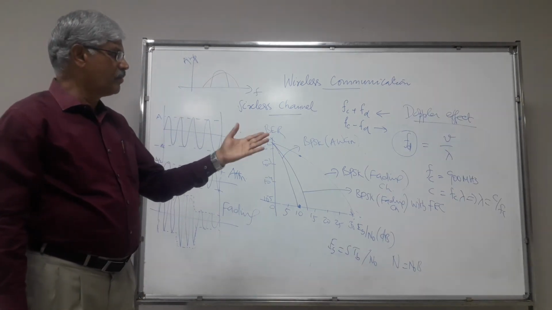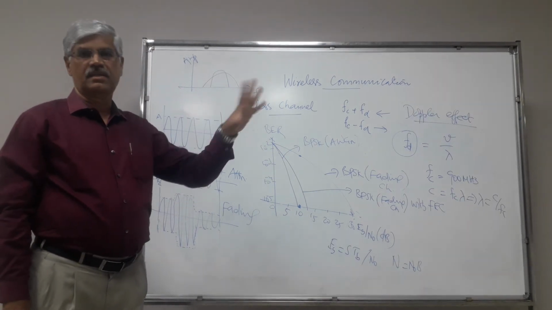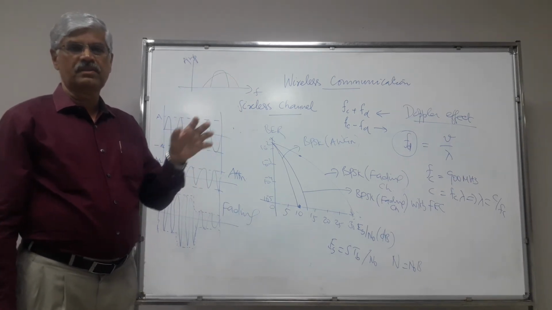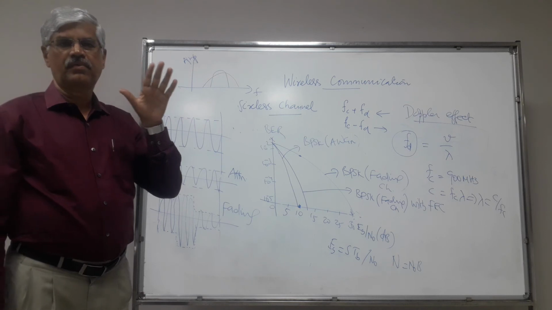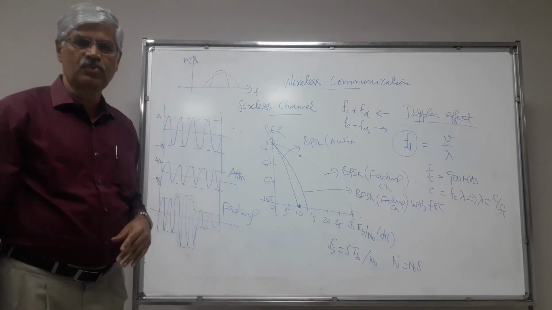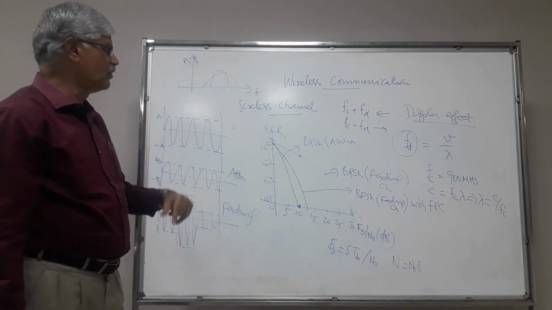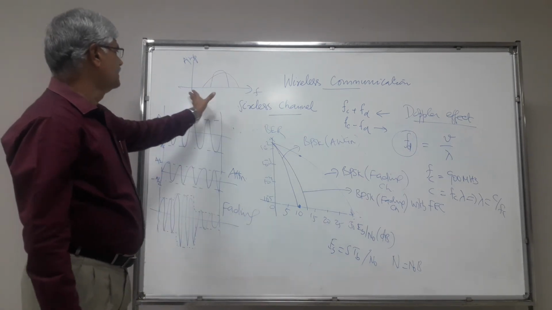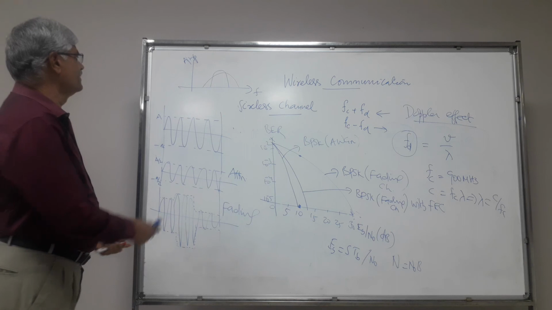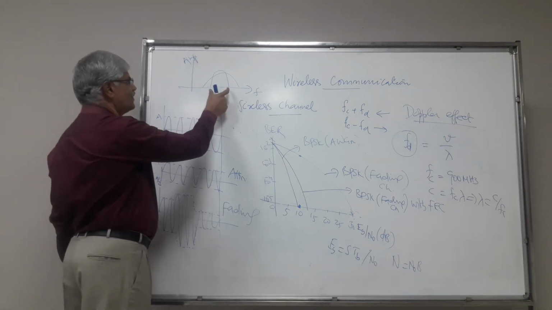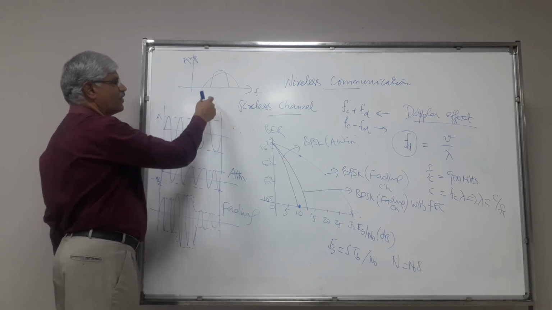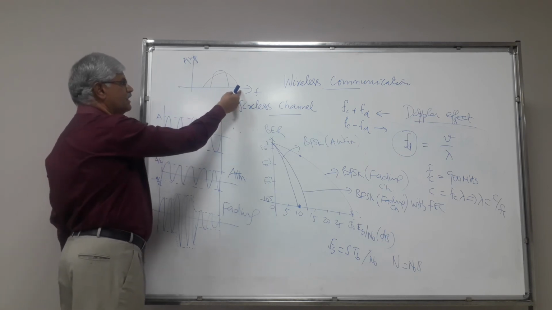Not only the mobile, but also the other structures which are moving. The multipath is from various obstructions, and the obstructions could also move, and because of that movement also there is going to be a Doppler effect. You are supposed to confine yourself in this bandwidth, but unfortunately your signal is going to this.